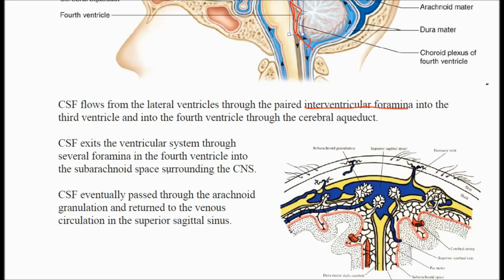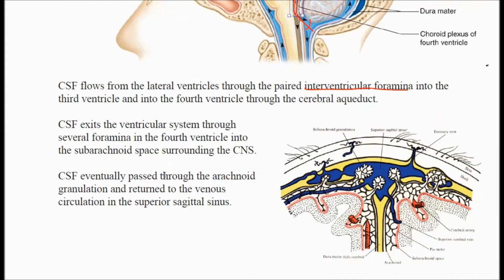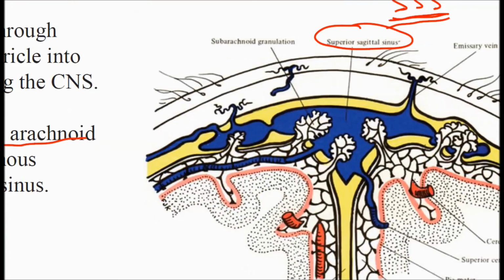The last part is how to drain this cerebrospinal fluid out from the brain and spinal cord. This is through the arachnoid granulation. Arachnoid granulation is connected to the superior sagittal sinus. This is the superior sagittal sinus, which is part of the venous structure in the brain, and the arachnoid mater forms a granulation that infiltrates into this space.